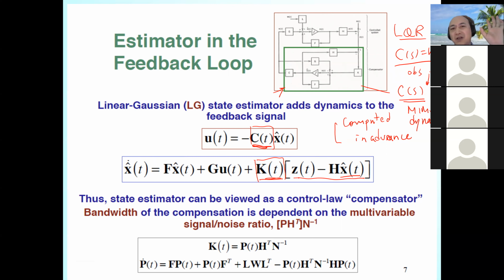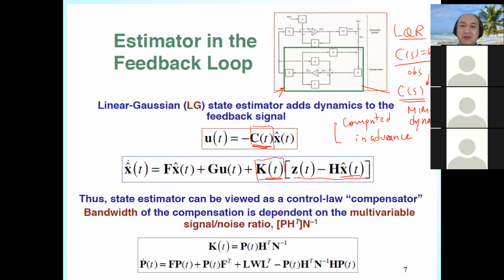In LQR, with observer or without observer, those are deterministic frameworks, but they don't have a cost associated with that. The most you can do is pole placement. But the question is, you don't have a cost. How can you quantitatively tell where you put those poles? Based on what?